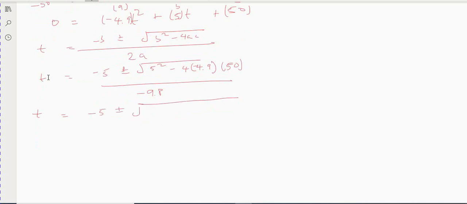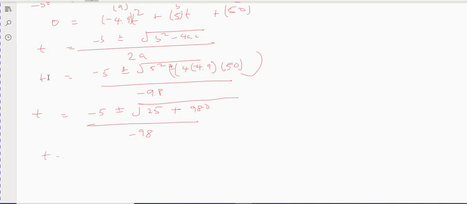t is equal to negative 5 plus or minus. Let's go ahead and put in some information here. 25 plus 980. When we do all of this part right here, not necessarily add it, but times it by that negative sign right here, we would get positive 980, and all of that is divided by the negative 9.8.